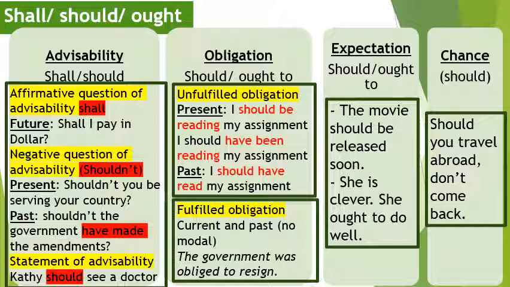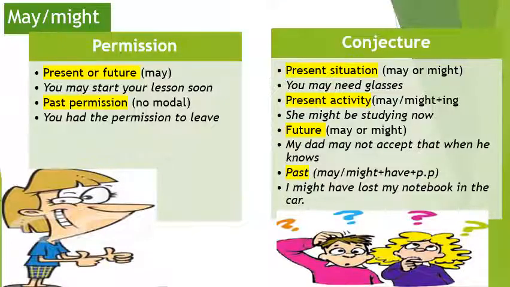Let's move now to the next part, which is may and might. May and might are sort of easier than the other ones, because we've got only the meaning of permission and conjecture. For permission, either a permission given in the present or future, or past permission. For present or future permissions, we use may.